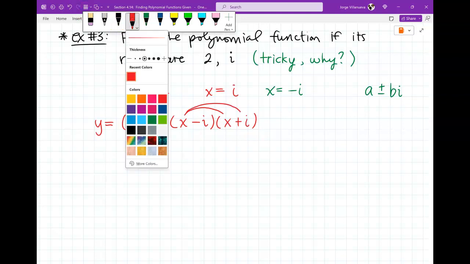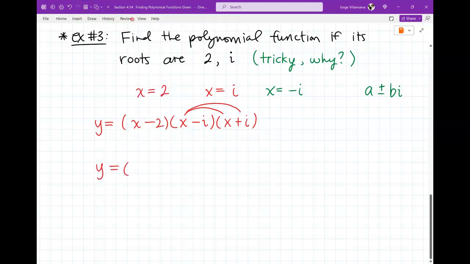So let me write this down. y equals x minus 2. All right, x times x, x squared. x times i, well, it's just xi. Now do the bottom one here. Negative i times x, negative xi. Negative i times positive i, negative i squared.